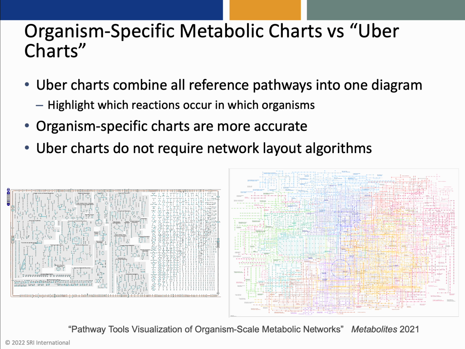Because remember, MetaCyc has about 3,000 pathways. So E. coli only contains about 10% of the universe of metabolic pathways. And so creating diagrams that contain that full universe, they get very crowded. That can be a disadvantage of that approach, is the crowding that goes on.